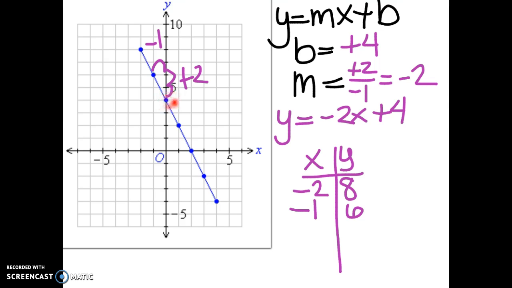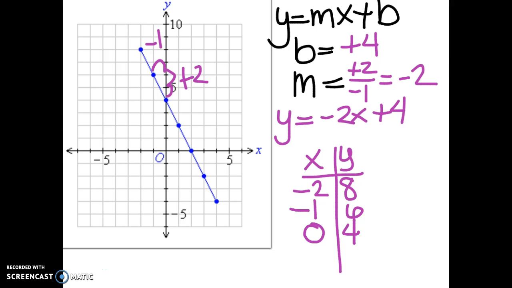What about this one here? It's the y-intercept. That means that should be a 0 for the x coordinate, because here's our x where x equals 0, and our y coordinate will be 4.